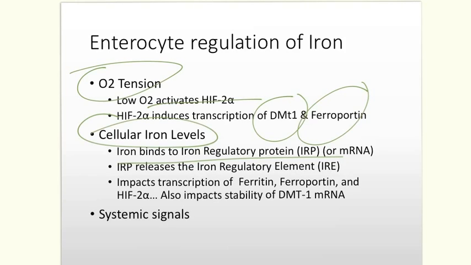Once the iron has bound whatever it's going to bind, it causes the iron response protein to release the iron regulatory element, and then that will either inhibit or allow for gene translation. And then there are also systemic signals, most importantly hepcidin for the enterocyte.